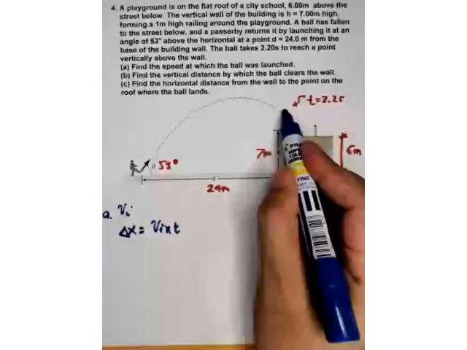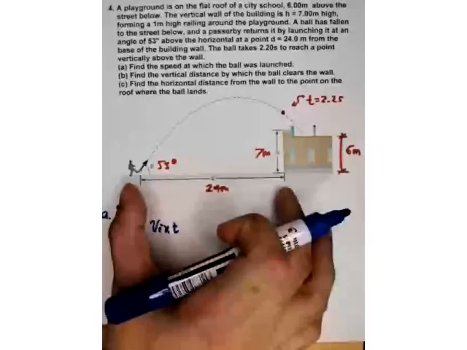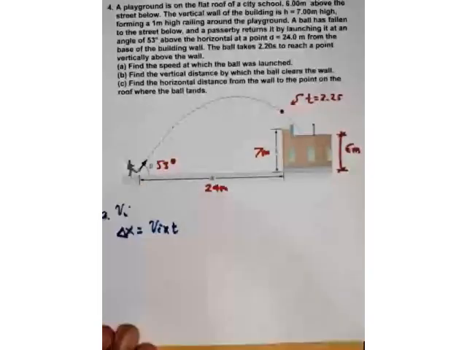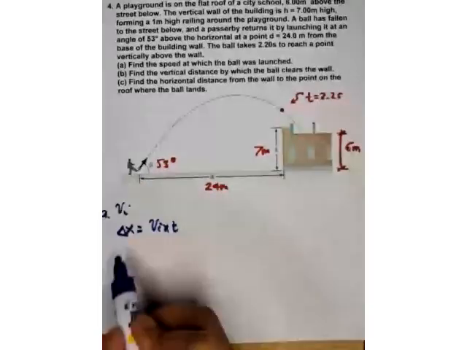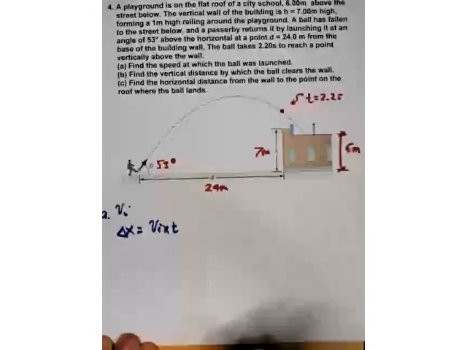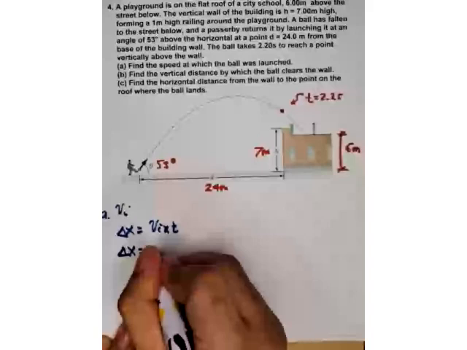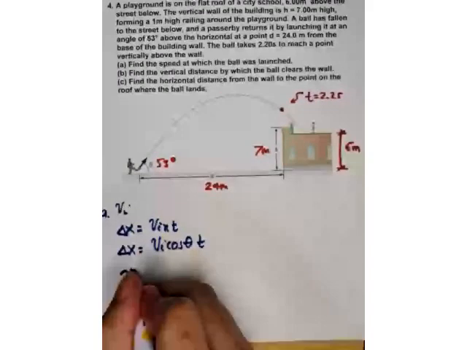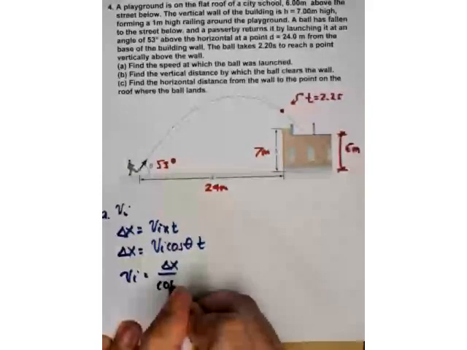Sa point na to, we're given that delta X is 24 kasi yon yung horizontal distance niya. And then also we're given the time 2.2 seconds. So therefore, delta X is VI cosine theta times T. So VI yung hinahanap. So VI is equal to delta X over cosine theta times T.